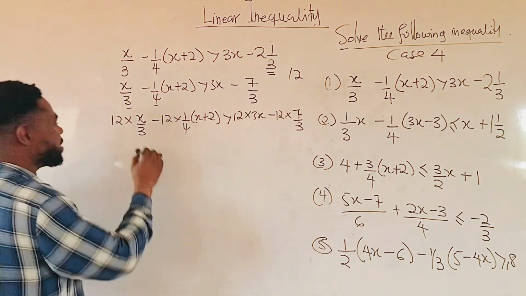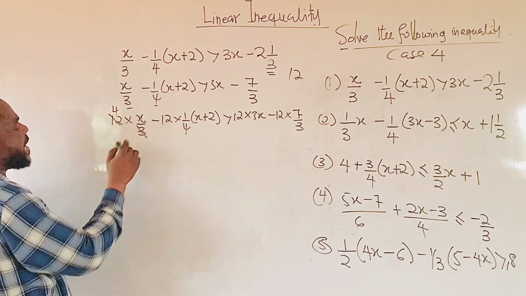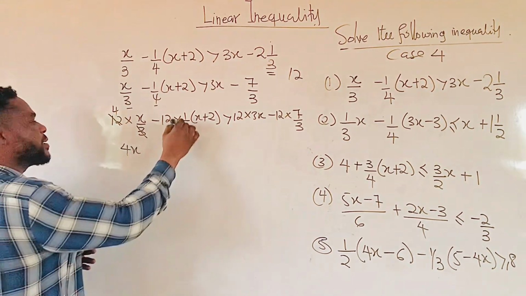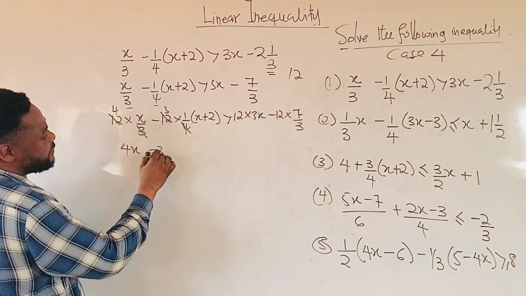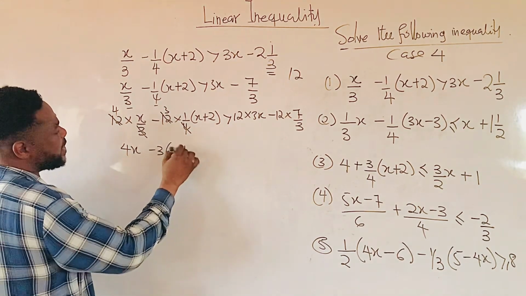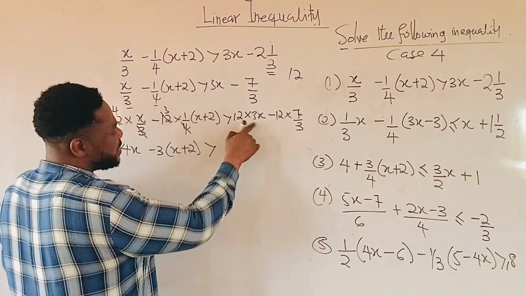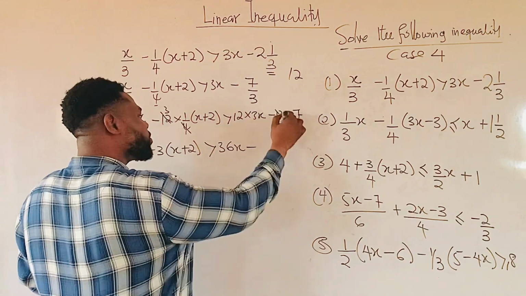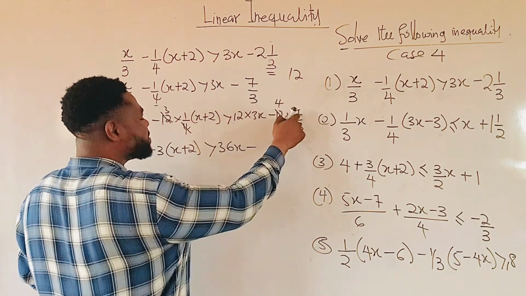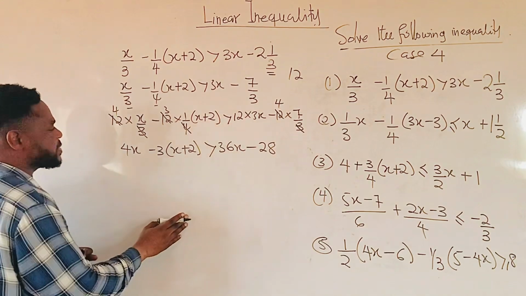Now let's see cancellation time. This will cancel this. It will be 4. 4 times x will be 4x. This will go here, 3. 3 times 1. We are having minus 3 here, multiplying x plus 2. Alright? 12 times 3x, 36x. Minus this will go here, 4. 4 times 7 will give us minus 28, as we can see.